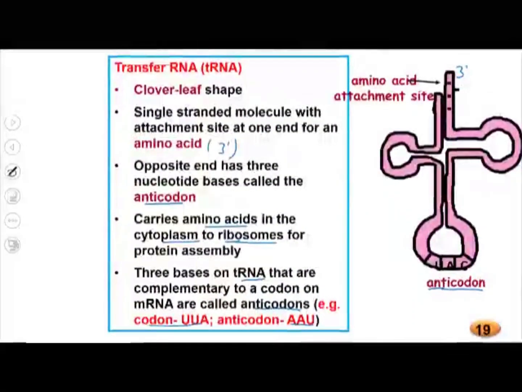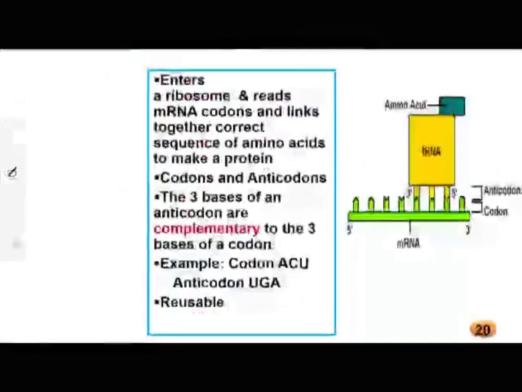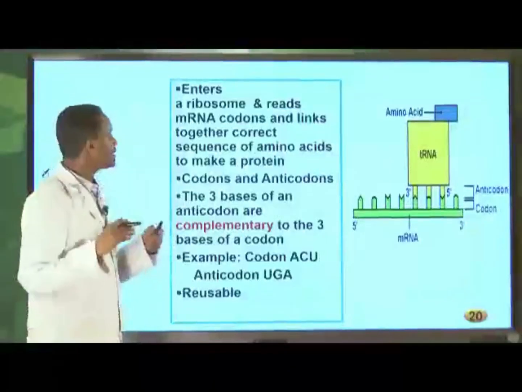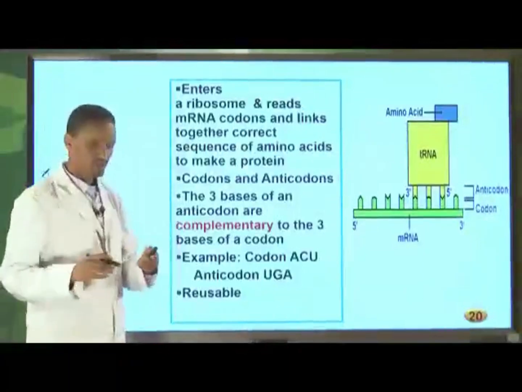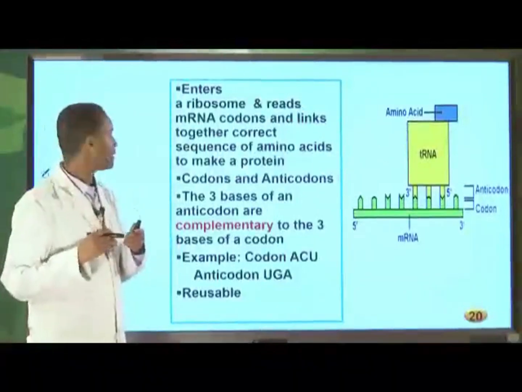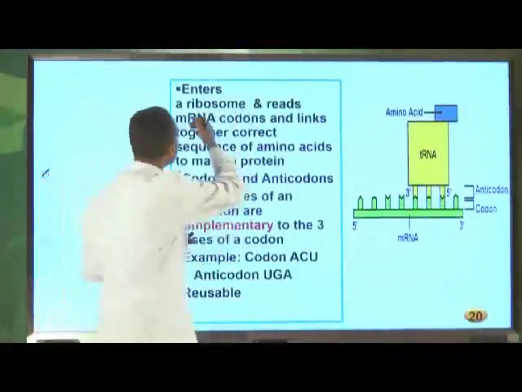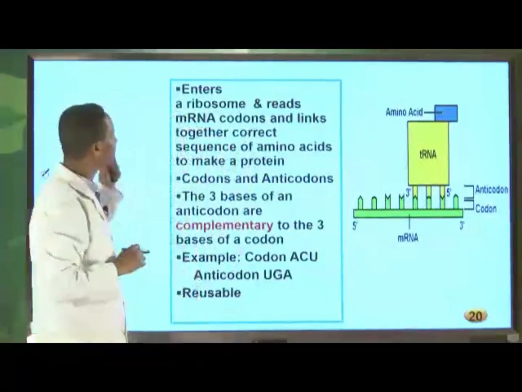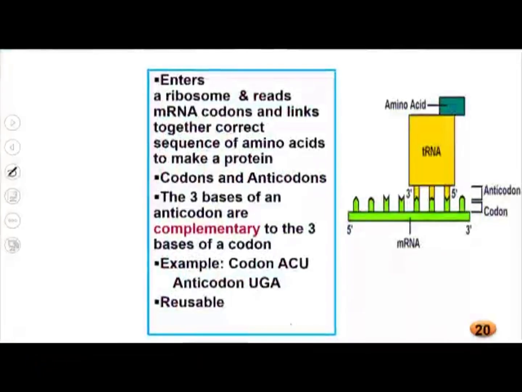Therefore, it's complementary with that of the codon on messenger RNA. Once the transfer RNA carries an amino acid from the cytoplasm, it enters the ribosome and reads the messenger RNA codon and links together the correct sequence of amino acids to make the protein.